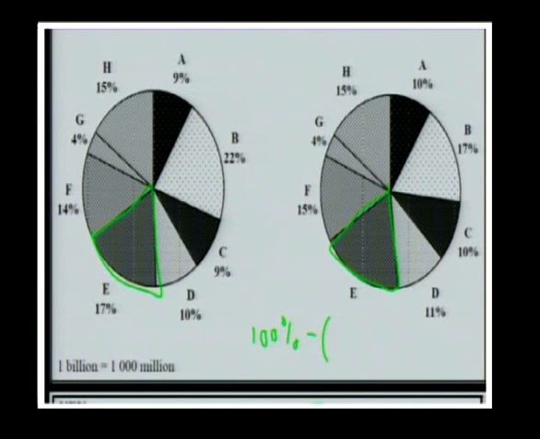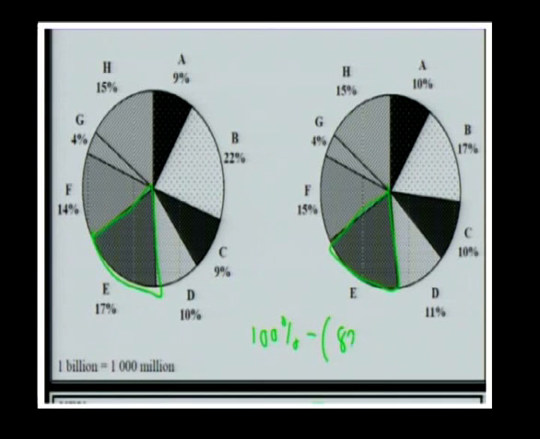A was 10%, B is 17%, that comes to 27%. Add another 10 and we've got 37%, plus 11 is 48%, plus 15 is 58, plus the 5 is 63. 63 plus 4 is 67, and lastly we've got 15 left, so that brings us to 82%.